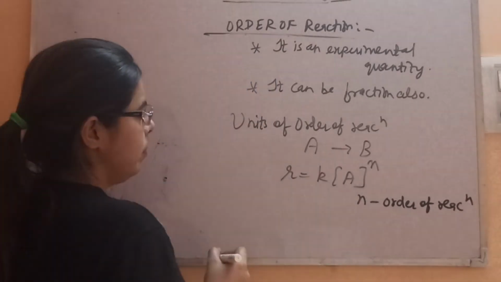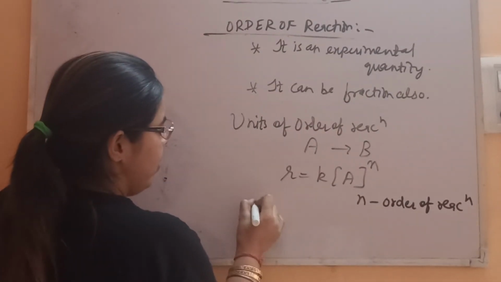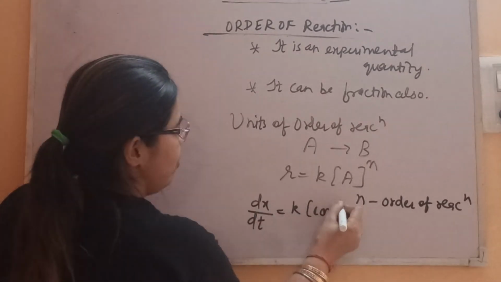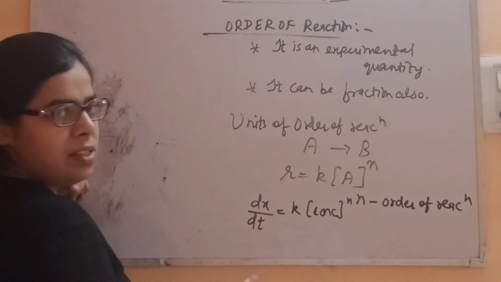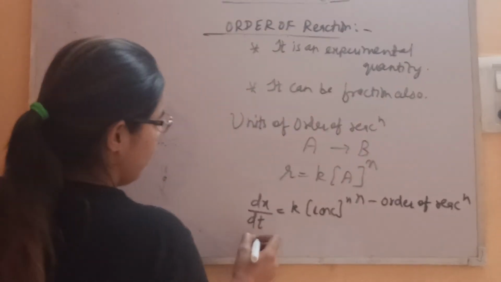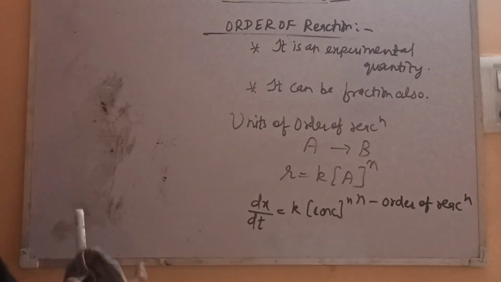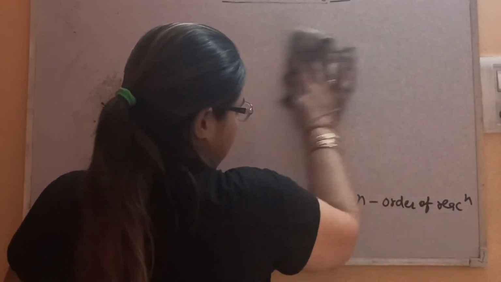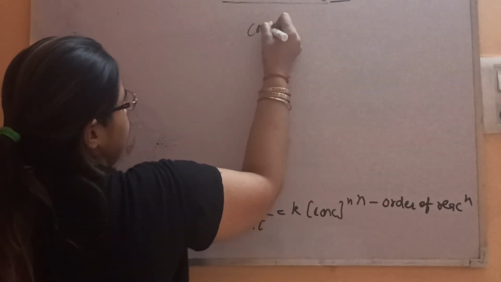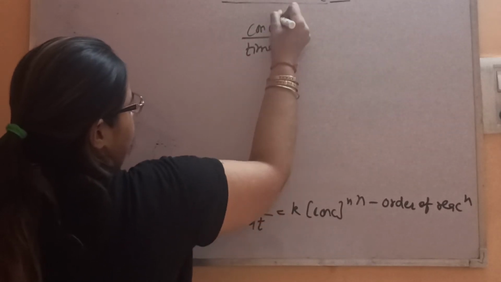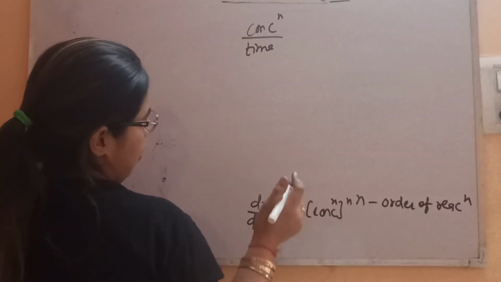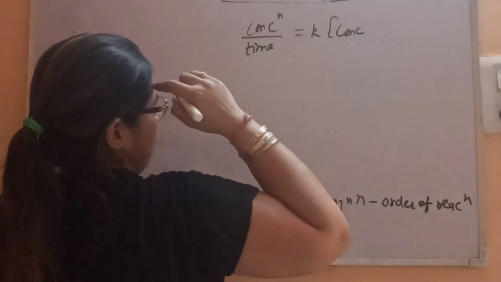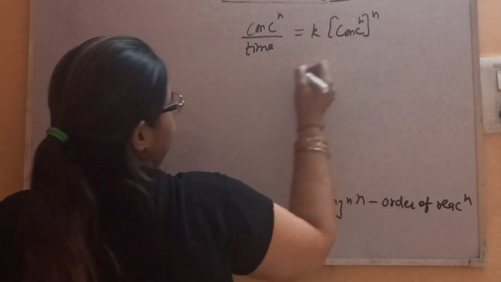Rate of reaction, that is dx by dt, is equal to K times concentration of A. Dx by dt is also the rate of reaction, that is concentration by time only. So let's modify this. Concentration by time is equal to K concentration raised to the power n, where n is the order.